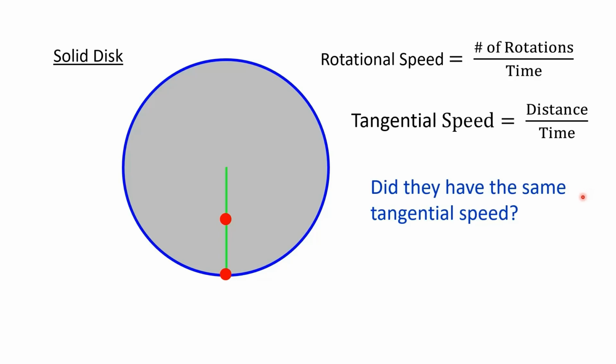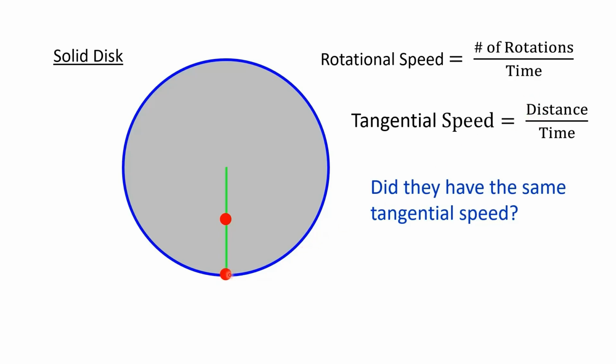Okay, so they did both have constant speed, but did they have the same tangential speed? Well, it's just a question of this: did they have the same time, and did they travel the same distance during that time? Well, the time, yes, for sure. They were moving together, so the time is the same. So it's just a question of, did they travel the same distance?